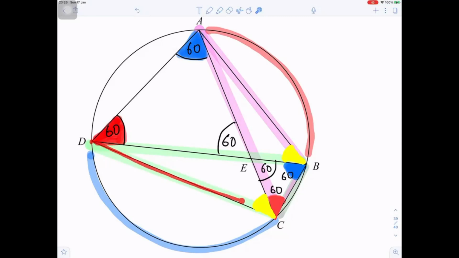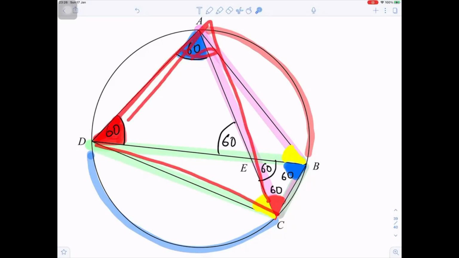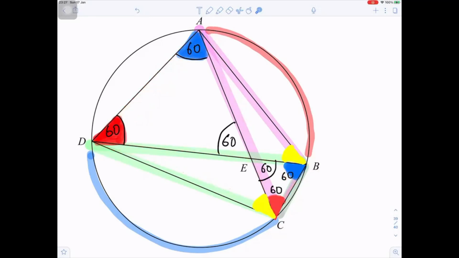If you use this line there, that means if this one is 60, this one is 60. So the 2 blue angles, 60 and 60, are the same, using angles in the same segment.